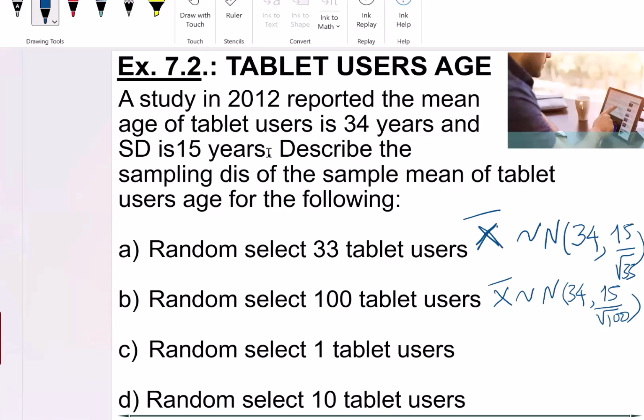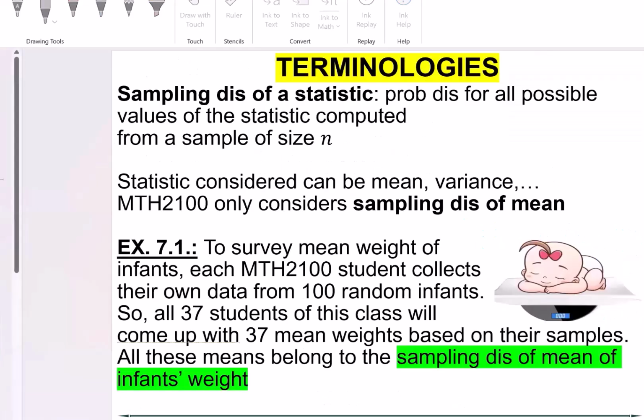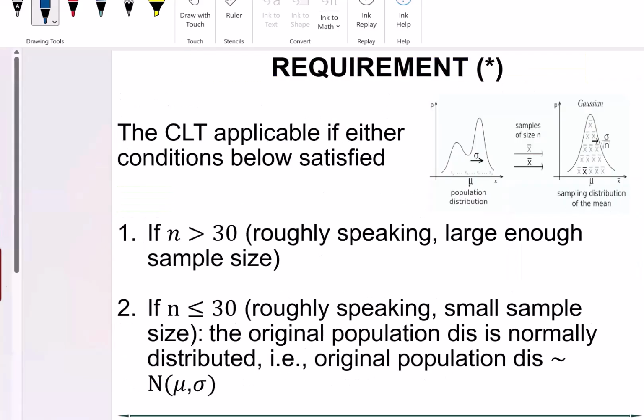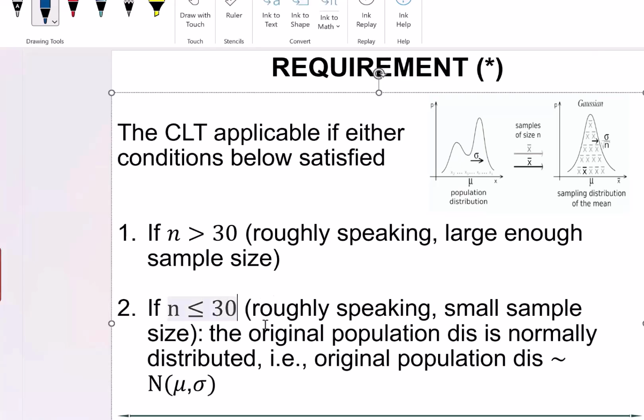If you want to look at the central limit theorem, you can see that the requirements star here, the first condition is not satisfied, because n is 1, which is less than 30. And when n is less than 30, we need the original distribution to be normally distributed.